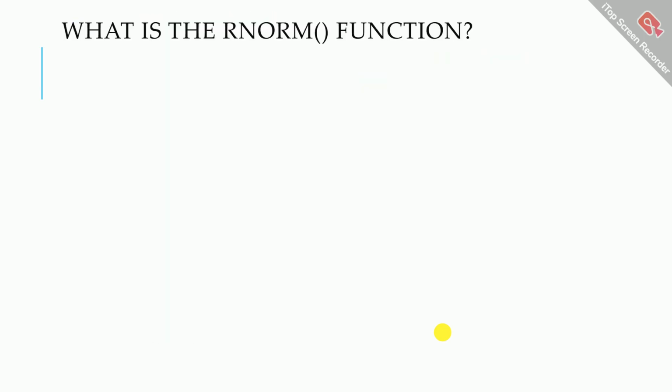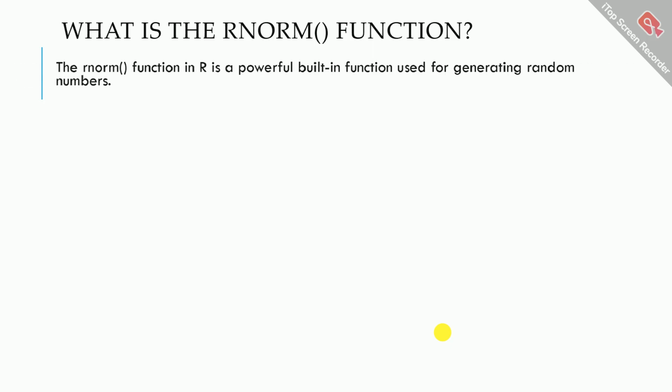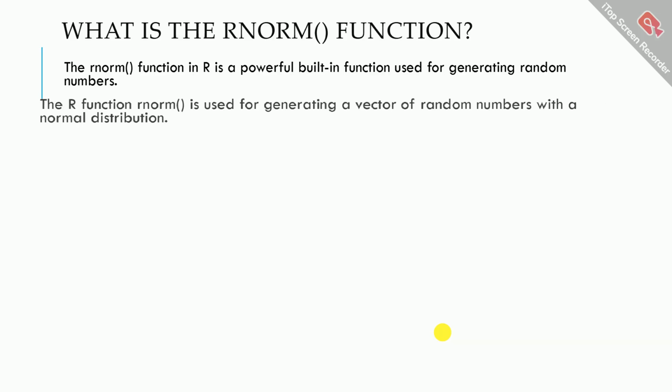What is the randomly normally distributed function? The random normal function in R is a very powerful built-in function which is used for creating random numbers.